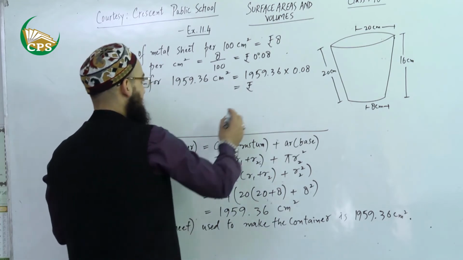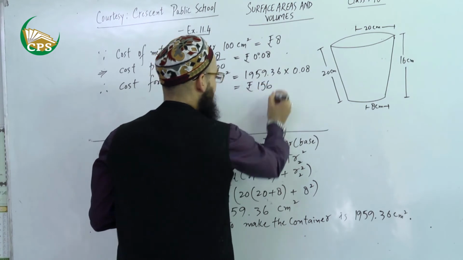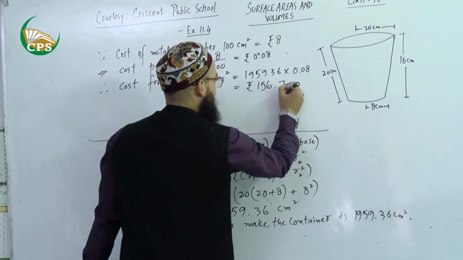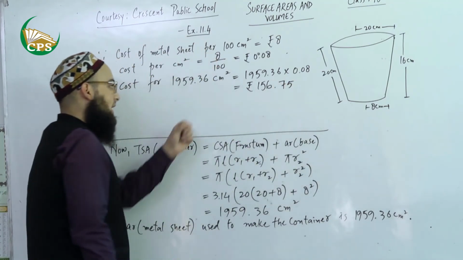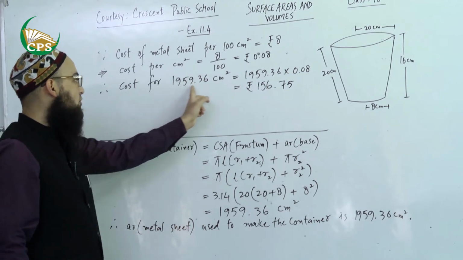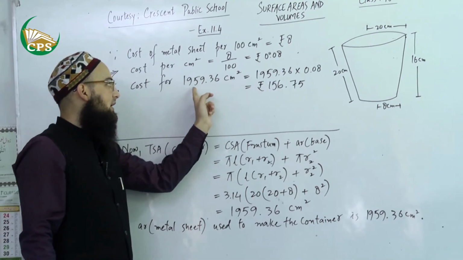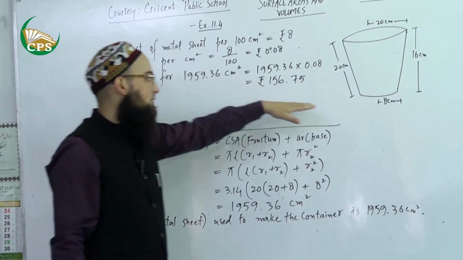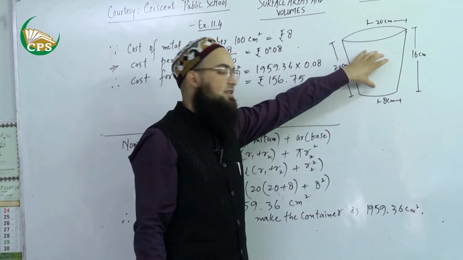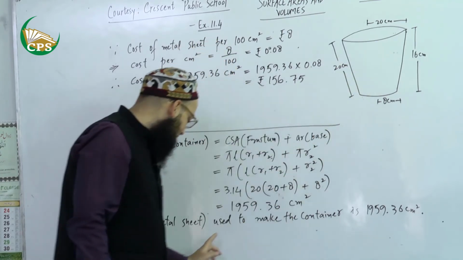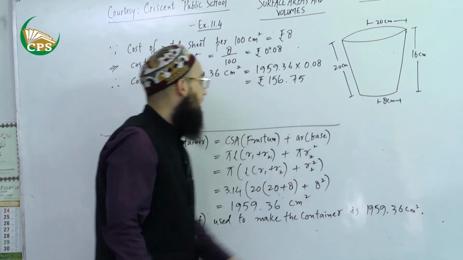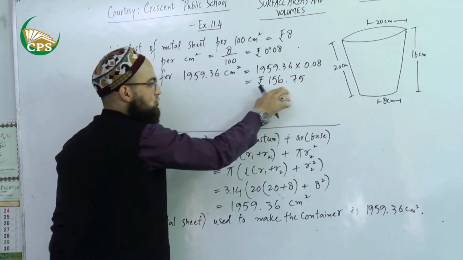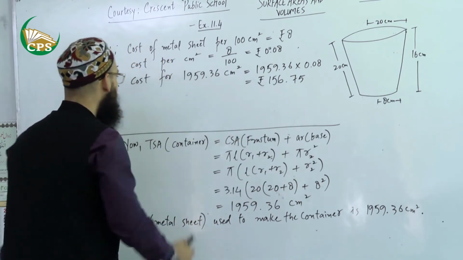So that is rupees 156.75, and that is your required cost, because this is the cost for 1959.36 square centimeter. Because in the question we were told that the container is made up of metal sheet. Now the area of metal sheet is this much. Now per square centimeter cost is this. So this much area costs rupees 156.75.